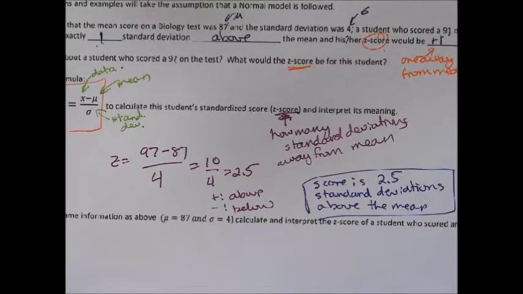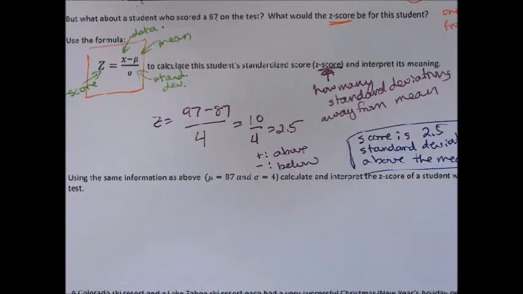All right, let's look at the next one. Using the same information as above, calculate and interpret the z-score of a student who scored an 80 on the test. So go ahead and try that. So again, mu is 87, sigma is 4, and our data is 80.